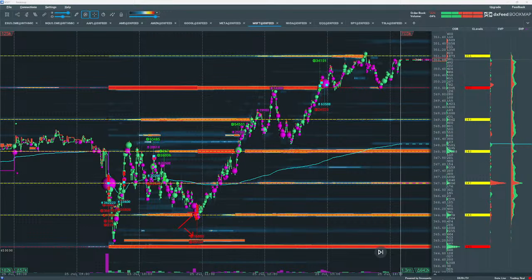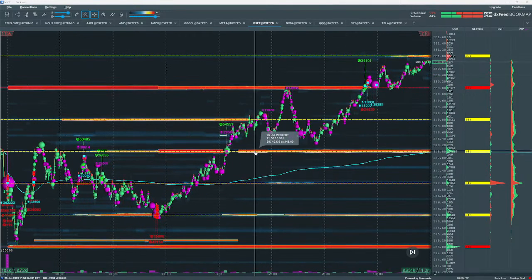And you can see the pink volume dots. Aggressive sellers down to that level, a sell sweep, and then aggressive buyers start to come in. You can see the shift from pink dots, market sell orders, to green dots, market buy orders, and options traders supporting the move higher from 346 up to 350.